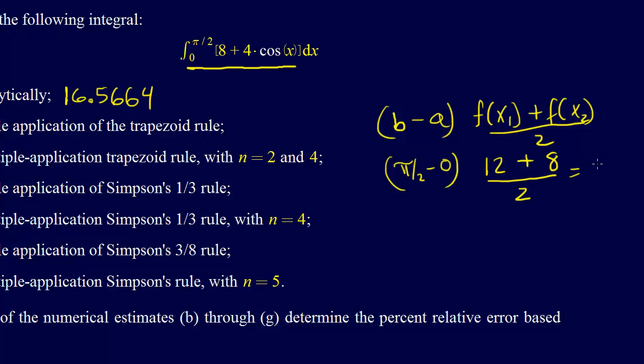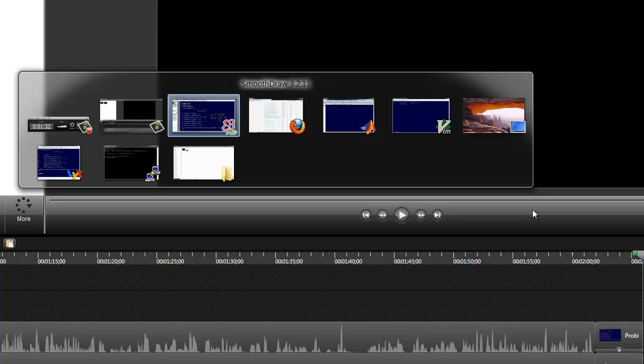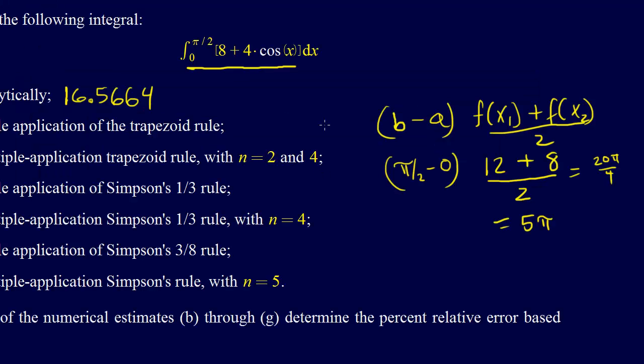That equals 20 pi over 4, which equals 5 pi. Let's quickly get an approximation of 5 pi in MATLAB. 5 times pi is 15.7080. So for part B, we get 15.7080.